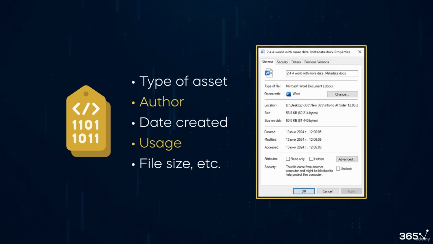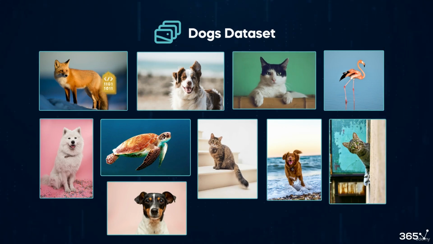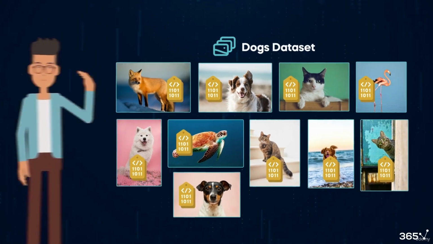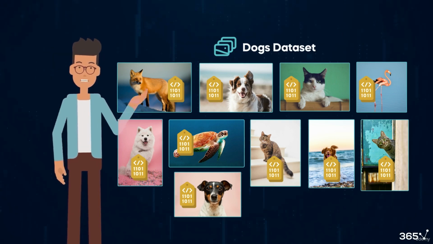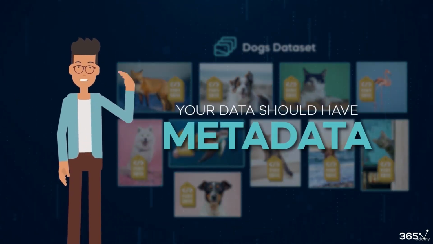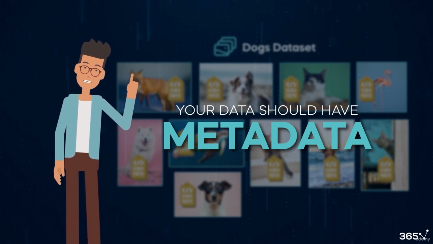Here's what the file's metadata for this lesson looks like. In our example with the dogs dataset, each photo includes metadata detailing its name, capture date, photographer, file size, and more. Whether you handle structured or unstructured, labeled or unlabeled data, it's essential to include metadata, especially in large datasets and complex systems.